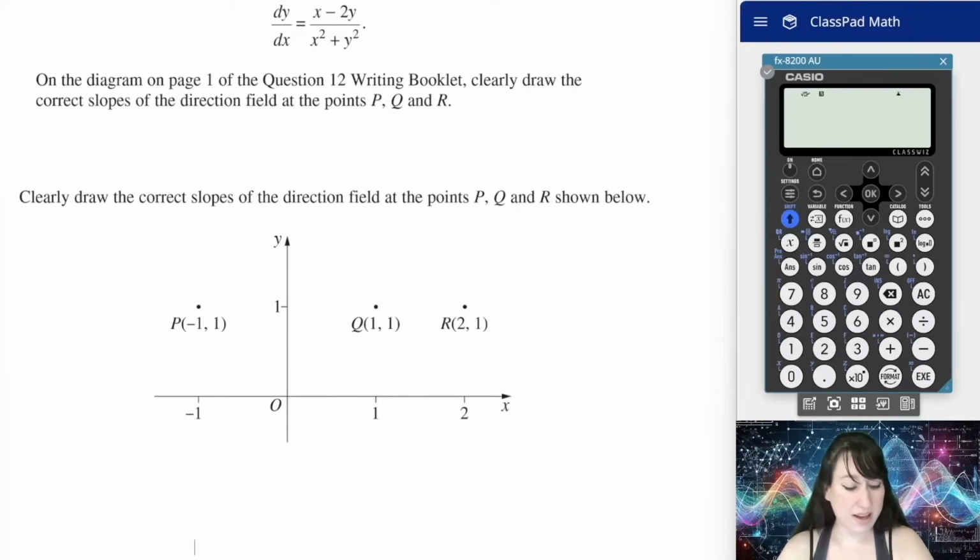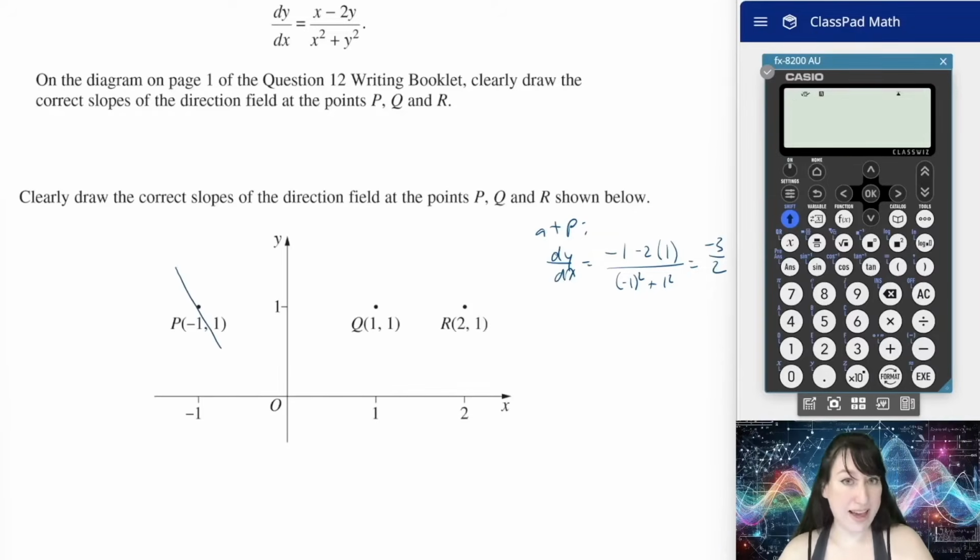At P, x is -1 and y is 1. So dy/dx would be x, -1, minus 2 times y, which is 1, over negative 1 squared plus 1 squared. So that's negative 3 over 2. So just a bit steeper than a gradient of negative 1.